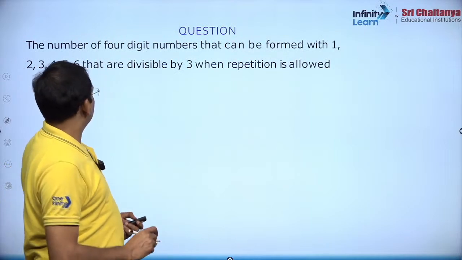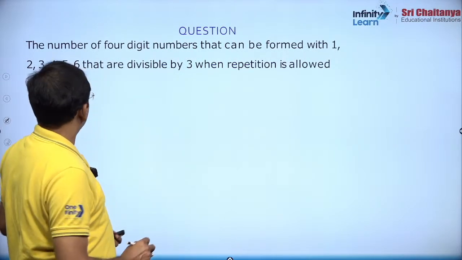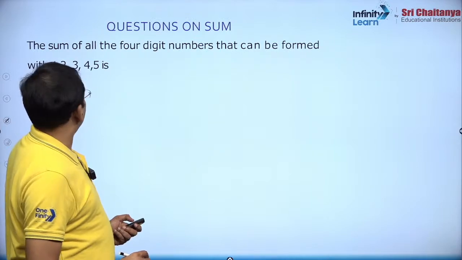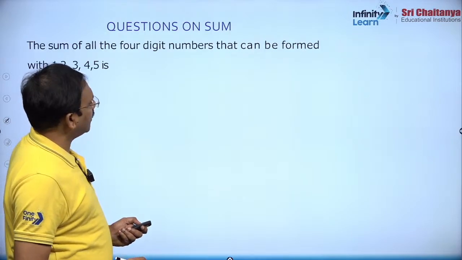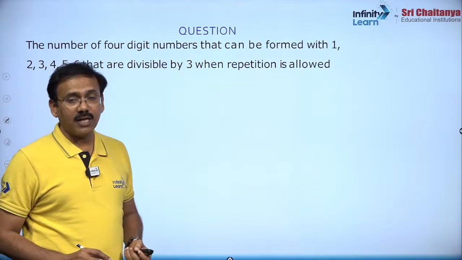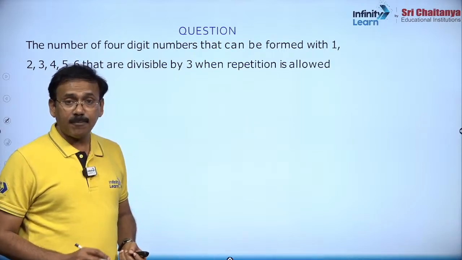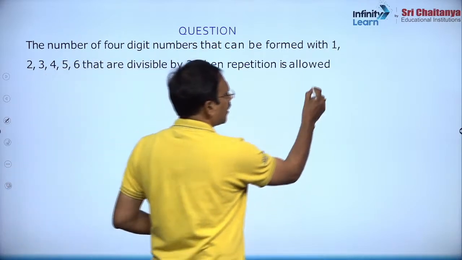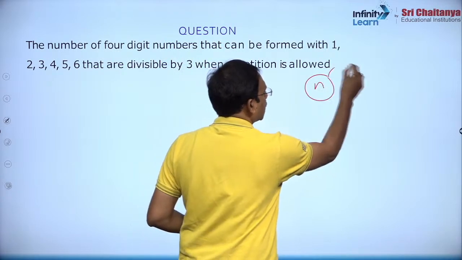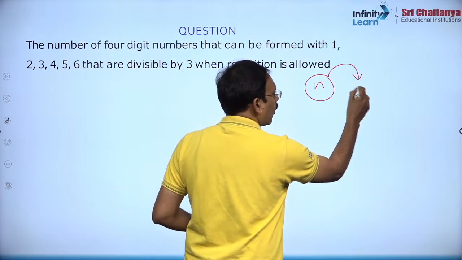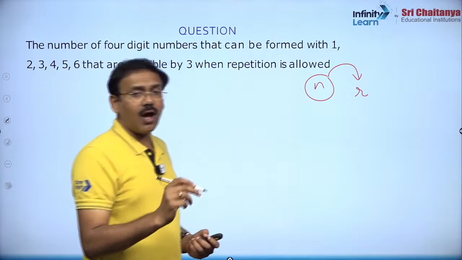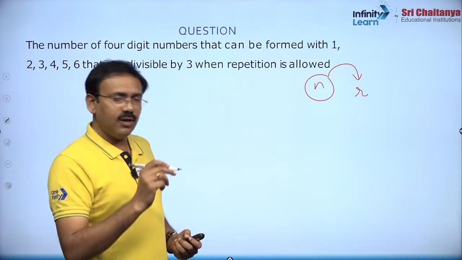Simply, my dear friends, a number of divisibility problems are given here. Before that, let me recall circular permutation. Suppose there are n dissimilar objects, of which you want to arrange r objects in a row: that is nPr.